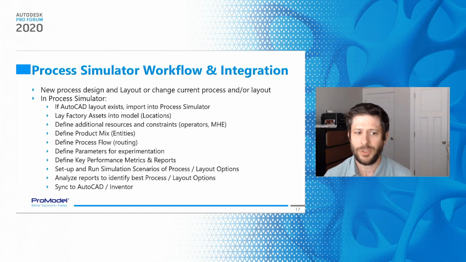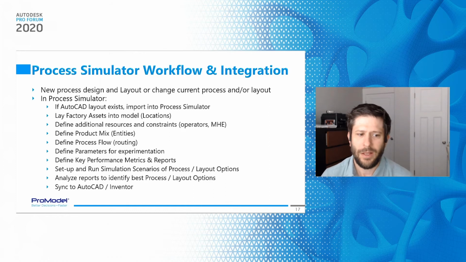Define process flow routings. And once we have all that set up, we can then define different parameters for different experimentations. We can define different KPIs, key performance metrics and reporting. And we can set up and run scenarios using our scenario runner to look at different processes or layout options.